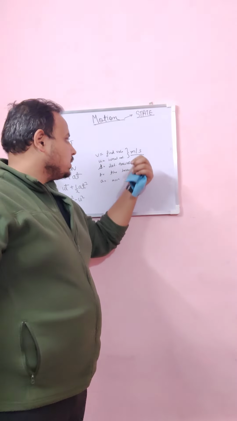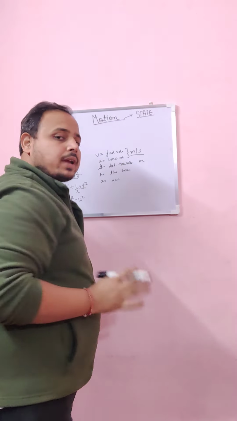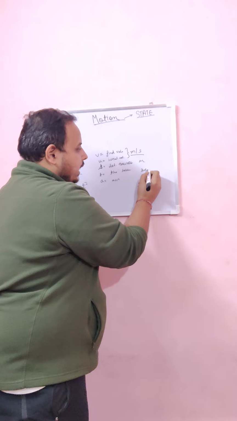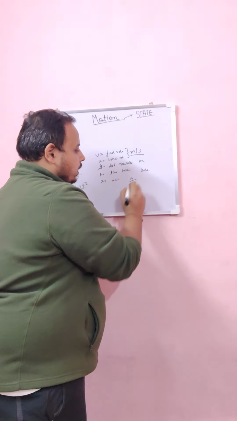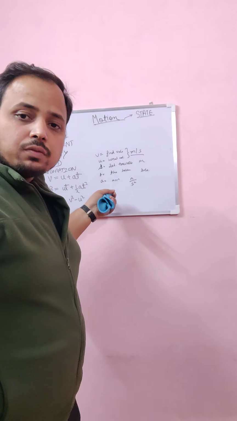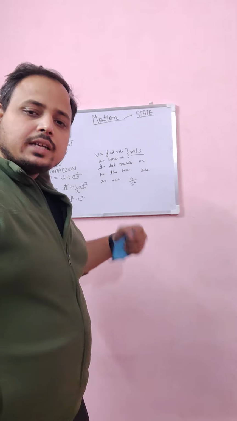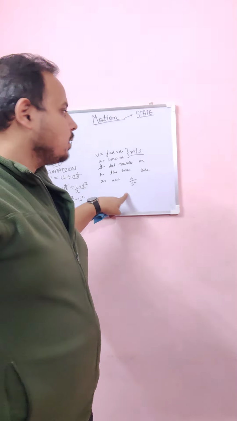Unit of velocity is meter per second, unit of distance is meter, unit of time is considered second here, and unit of acceleration is meter per second square. And what is acceleration? Acceleration is the rate of change of velocity with respect to time, and its unit is meter per second square.